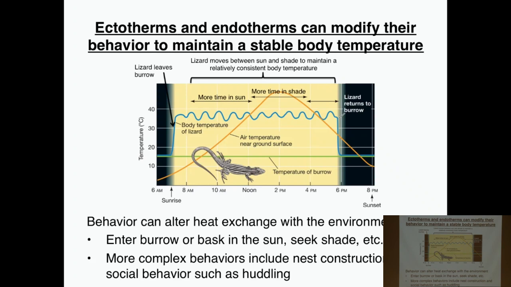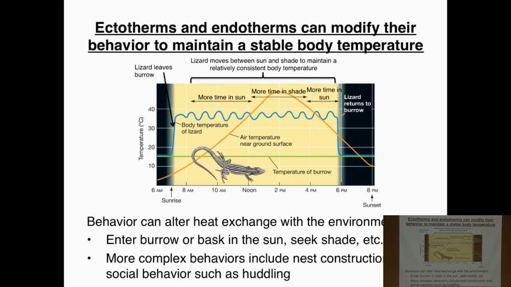And then later in the afternoon, as the environmental temperature starts to drop again, the animal will spend more time in the sun again. Until finally, at the end of the day, it'll go to its burrow, and in its burrow, the body temperature will be maintained relatively close to the burrow temperature.